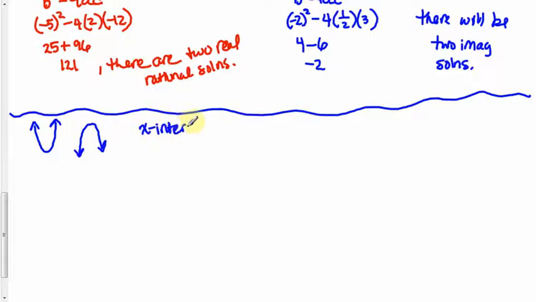So their x-intercepts are the solutions to the equation, which I said a minute ago. Some parabolas will not cross the x-axis. Those have no solution, or actually in our case they have imaginary solutions because we've defined imaginary solutions now. Okay?